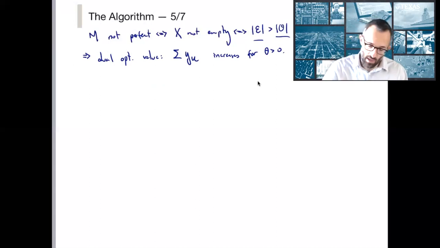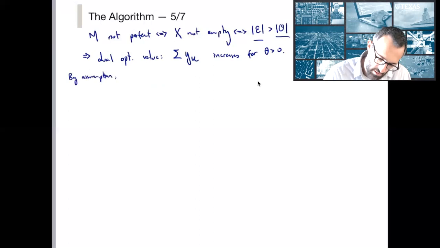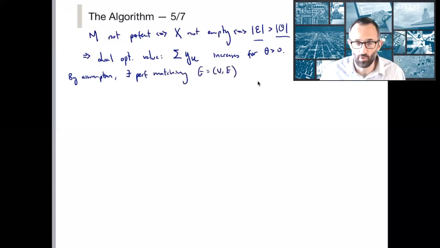Okay, so now can it increase forever? So note that by assumption, there exists some perfect matching in the original graph. Otherwise, the primal is infeasible.